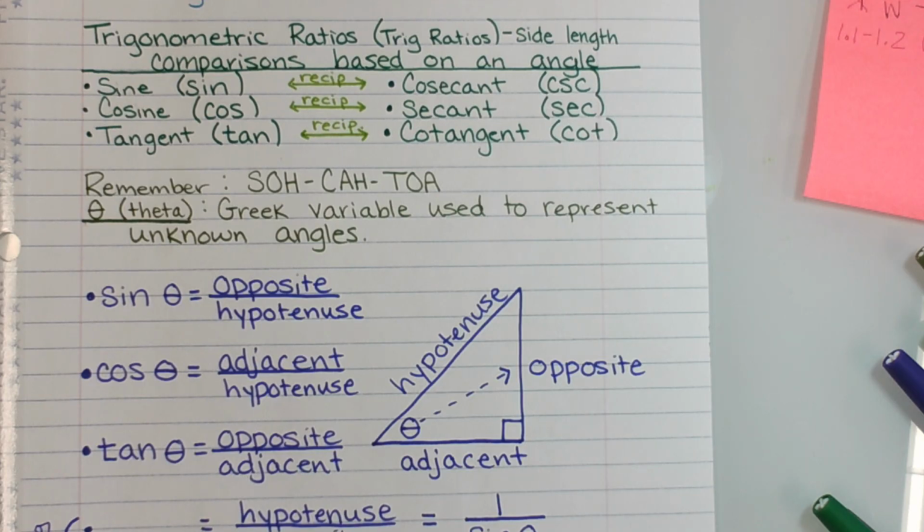Another thing that you should memorize is which trig ratio is the reciprocal of which one. First off, do you notice that an old one is paired with a new one every single time? In each pairing: sine, cosecant; cosine, secant; tangent, cotangent.